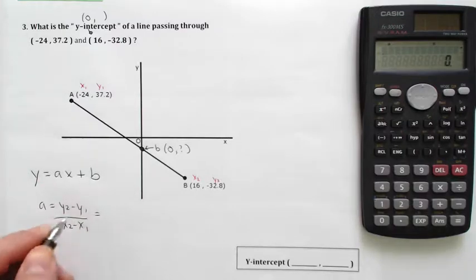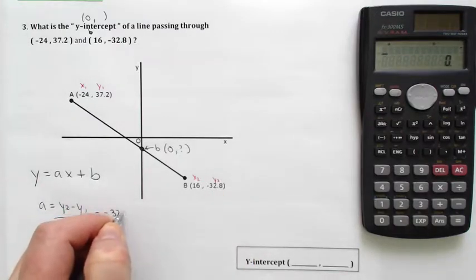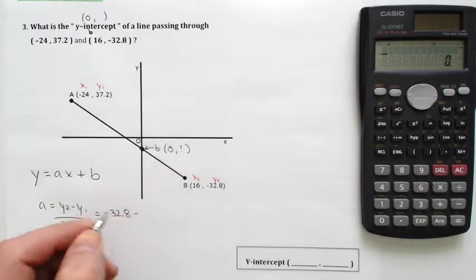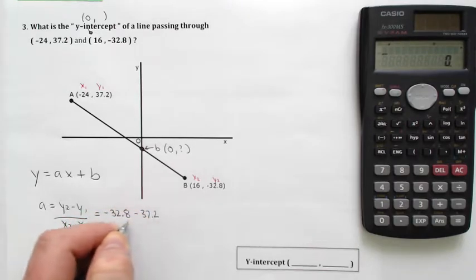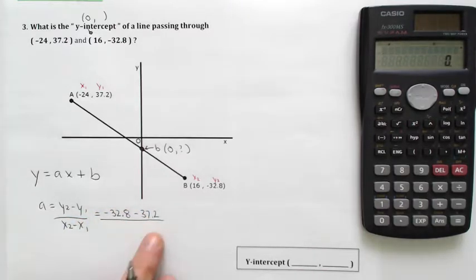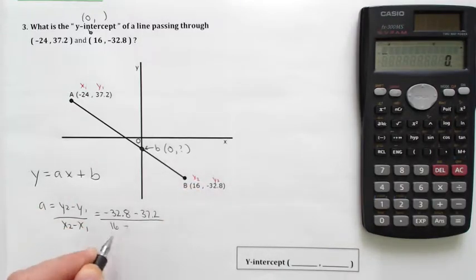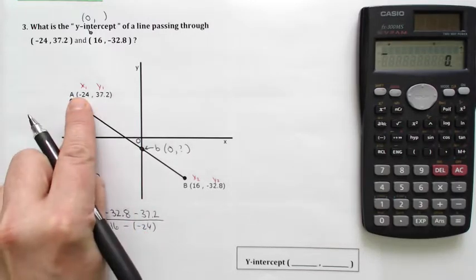So y2 is going to be negative 32.8 minus y1, which is 37.2. And that will be over x2, 16, minus negative 24. Now there you got to be careful because we're subtracting a negative number.